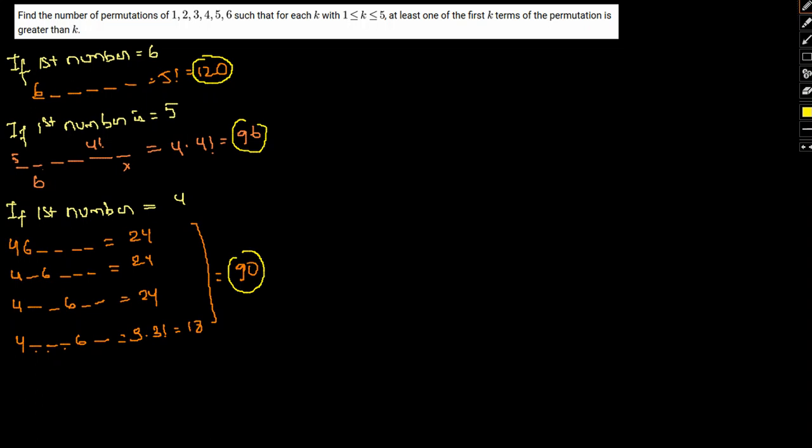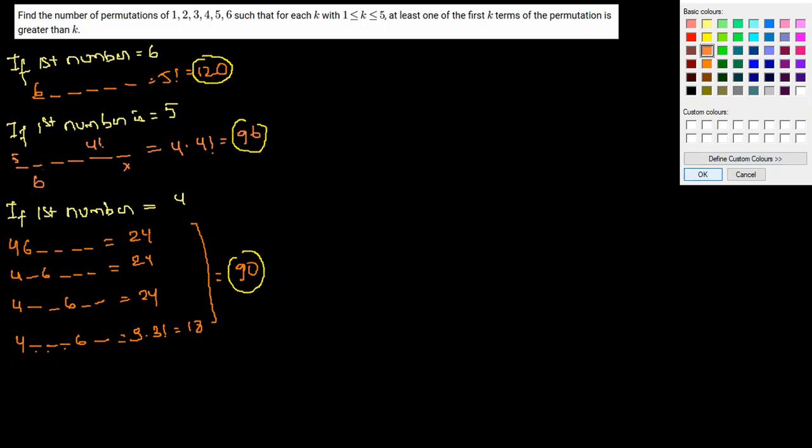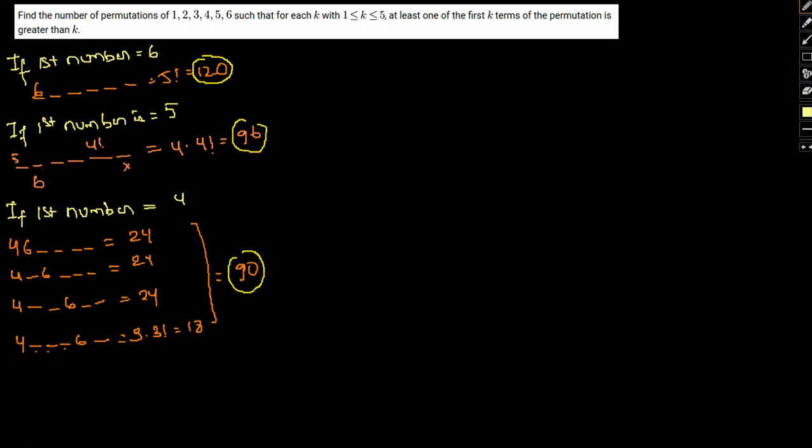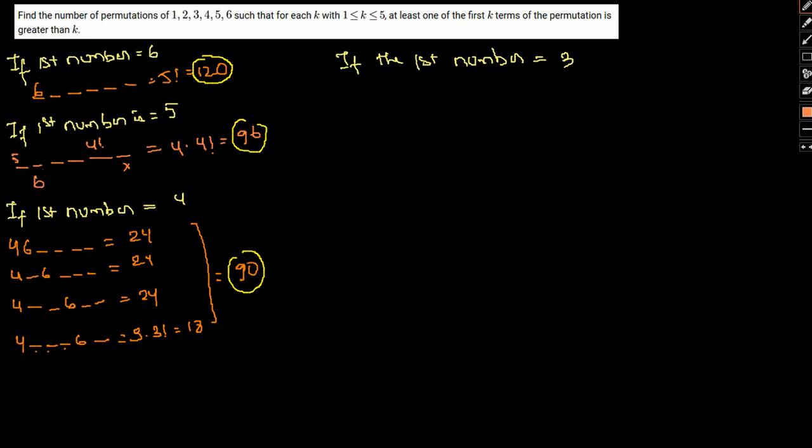I hope this much is clear. Now let's discuss if the first number is equal to 3. If the first number is 3, the first way would be 3, 6, then the rest.